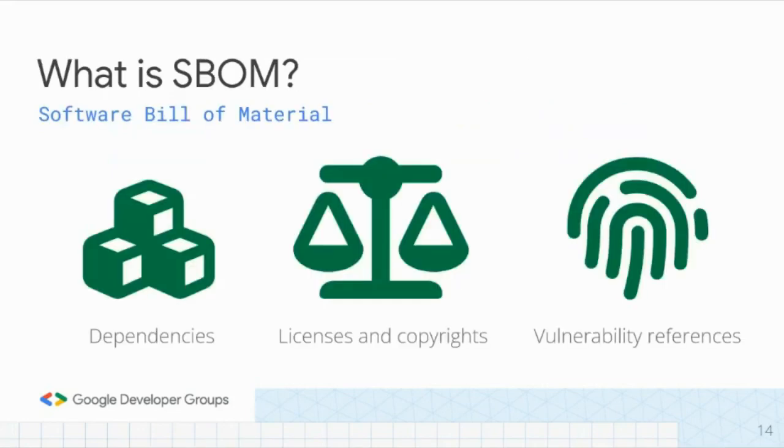So what is an SBOM? An SBOM is a kind of a bomb for software, or bill of material, a list of all your dependencies that you use in your software. Okay, so what does it contain? Yes, dependencies, our components, our libraries, whatever the developer decided to use is inside the SBOM.